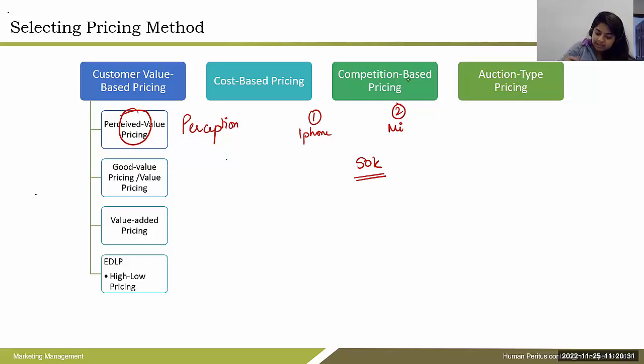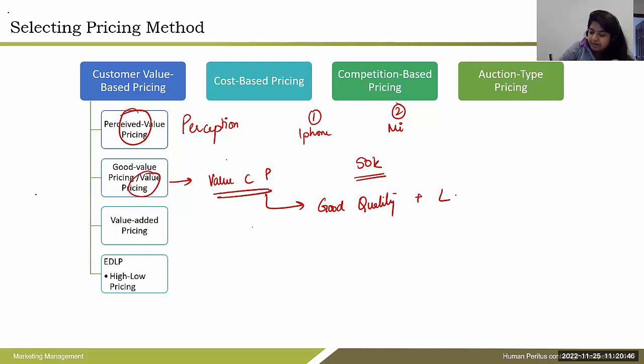First thing. Second, value pricing, related to valued price competitor. Something is of value, so good quality plus low prices. Example, IKEA. Can you give me an example in the Indian context which is good quality and low pricing and people usually go for it?